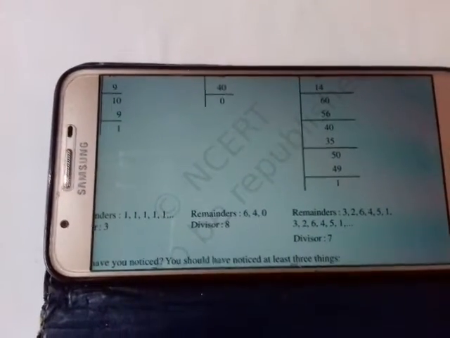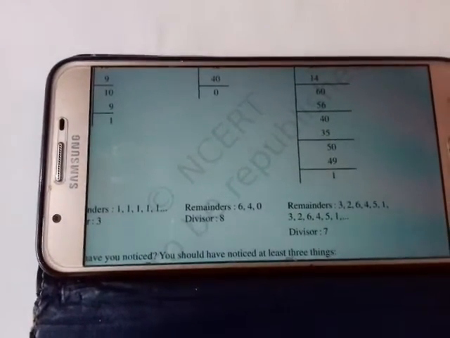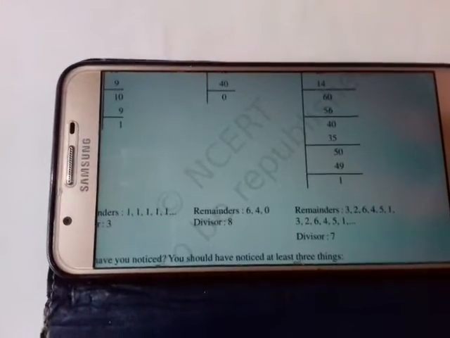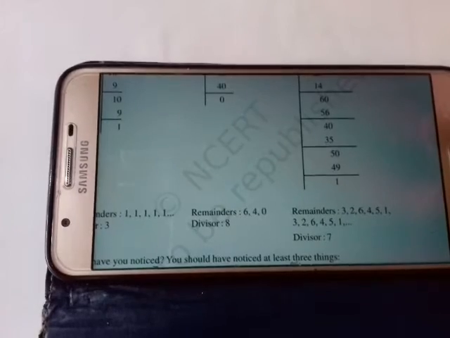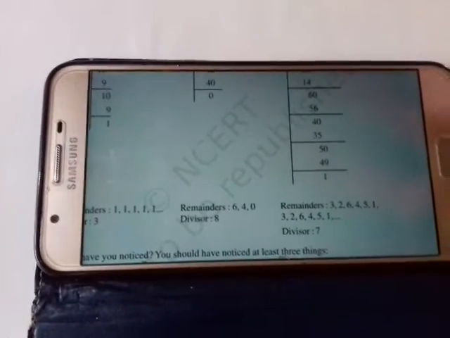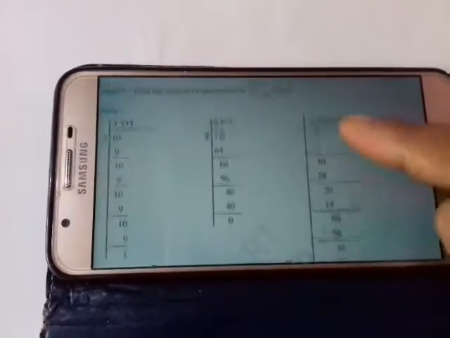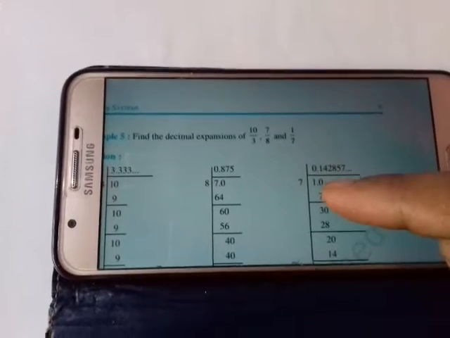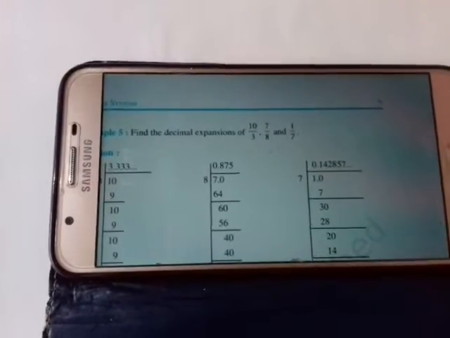So here the remainder does not end, and the remainder changes but repeats. Here it has been shown, the remainders come 3 2 6 4 5 1, and again after that 3 2 6 4 5 1. In such a case, what happens? The digits after 7 will again be 1 4 2 8 5 7.